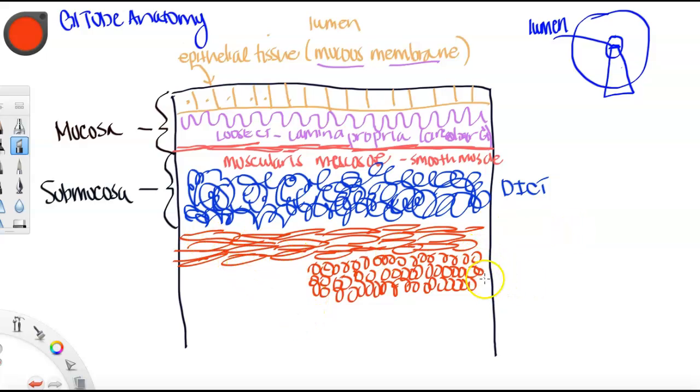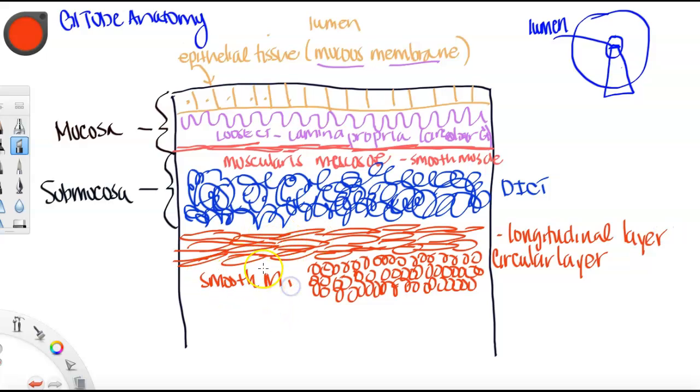So this is the circular layer of smooth muscle. This is the longitudinal layer. So smooth muscle here. So that layer is called the Muscularis externa.